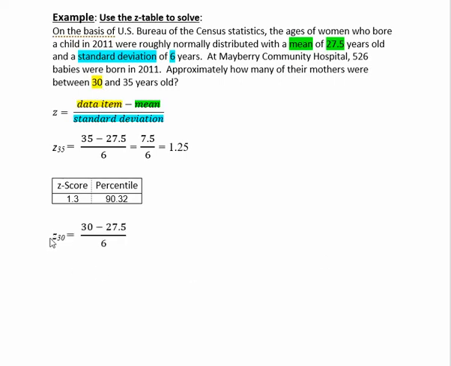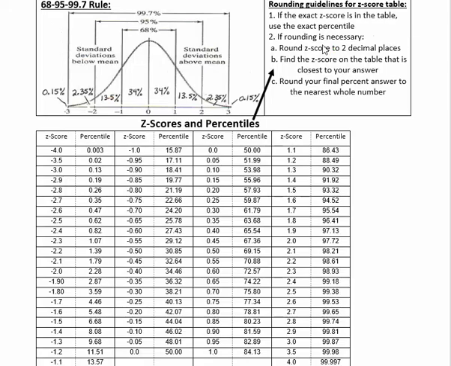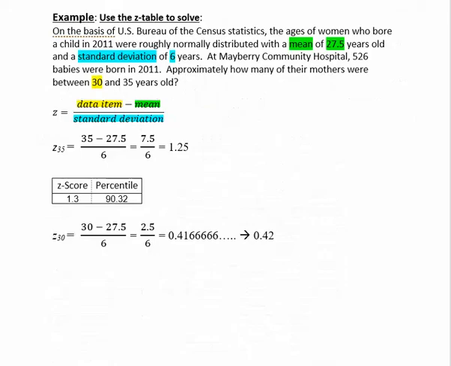We'll find the z-score for 30, which is 30 minus 27.5 divided by 6. Subtracting the numerator, we get 2.5 divided by 6. And dividing that on a calculator gives us 0.4166666 repeating. Using our rounding guidelines, we'll need to round the z-score to 2 decimal places, and that would give us 0.42.